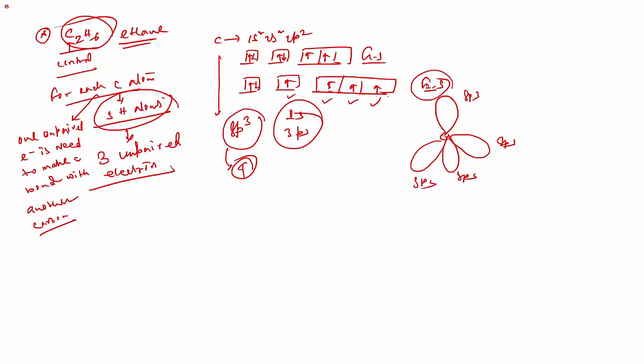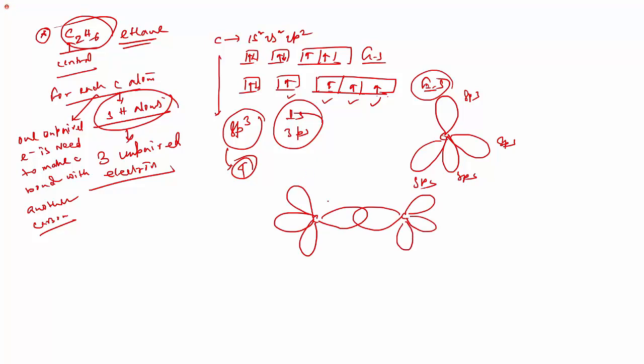So this is for one carbon. The other carbon will also have the same sp3 hybrid orbitals. So it looks like that. This is a carbon. Okay, so this is an sp3 hybrid orbital.